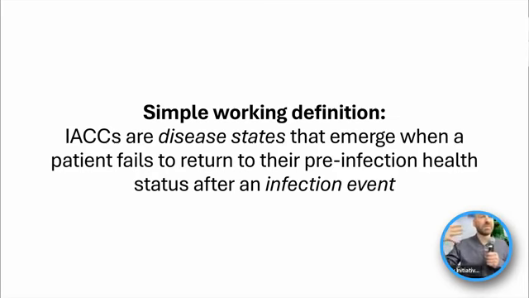Despite the fact that these things have been acknowledged for a while in the consensus science, in the medical world, we're not making diagnoses based on these things and then going after intervention. So I think this was a really important paper to shine a light on the fact that this phenomenon has been around for a while, and there are many things that can trigger an infection-associated chronic condition.